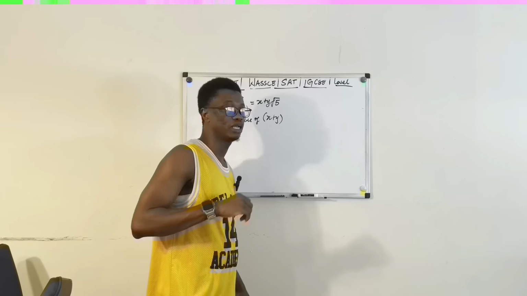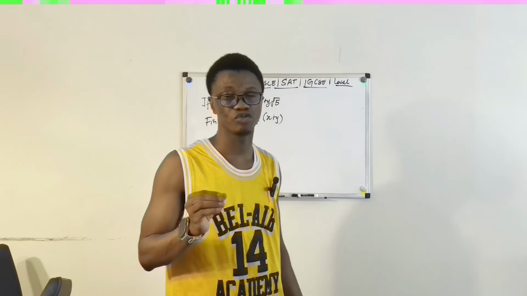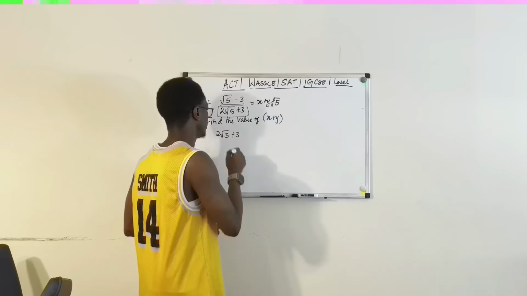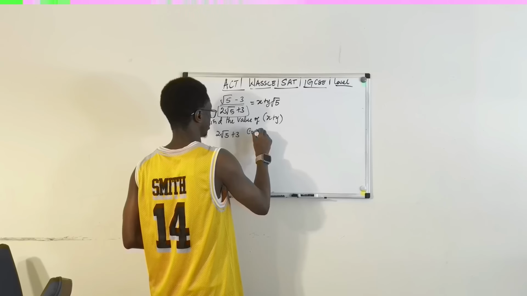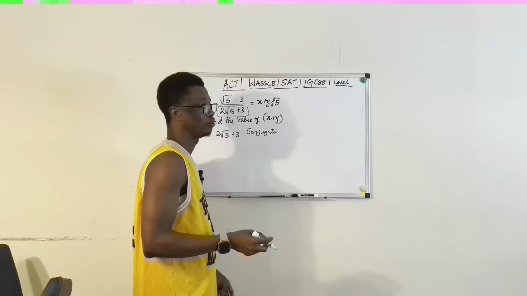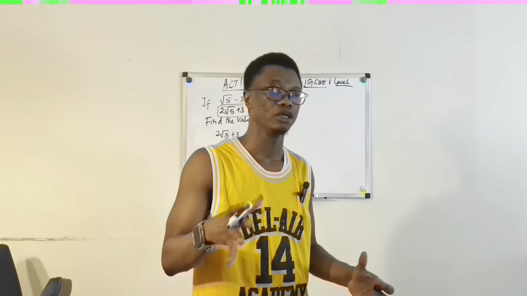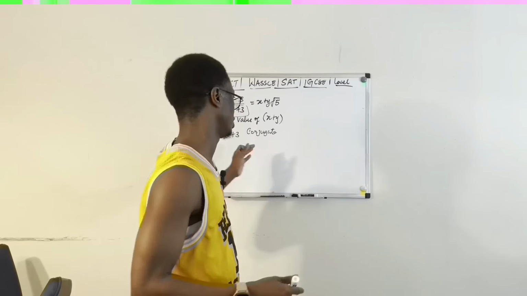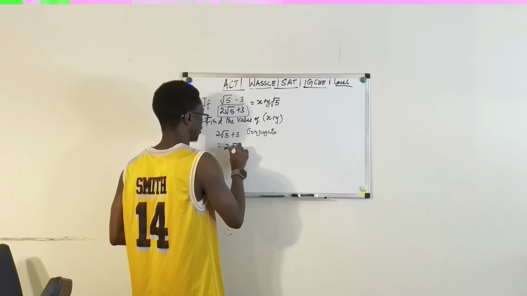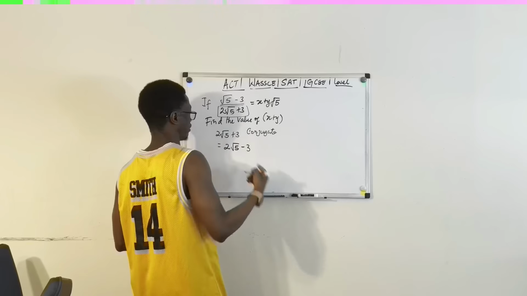That's the first thing. Then, but before that, you have to find the conjugate of this one. The conjugate of this, meaning you have to find the opposite of this basically. So the conjugate of this becomes 2 root 5 minus 3.